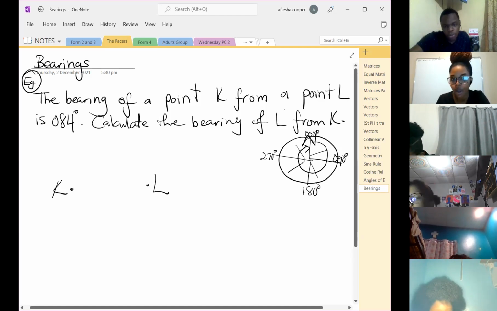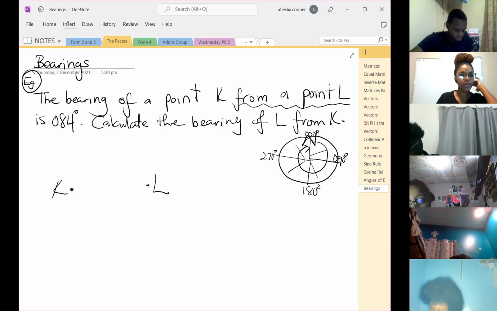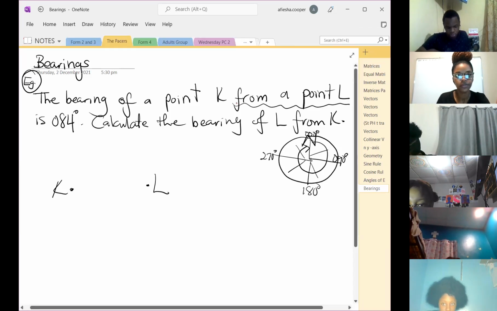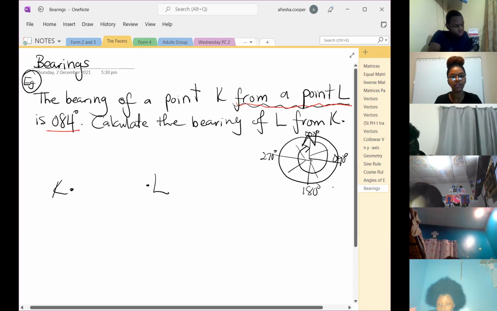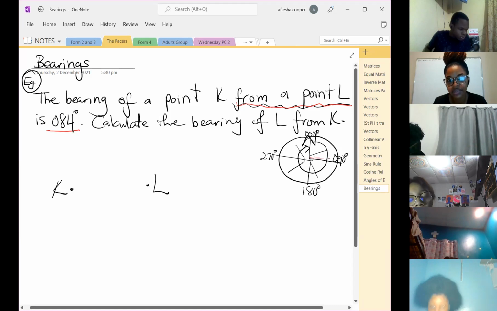point K from L. So that means our bearing is in the corner of L, right? So from L is 084, so that's right a little below the 90 degrees, right? So I'll say somewhere here.